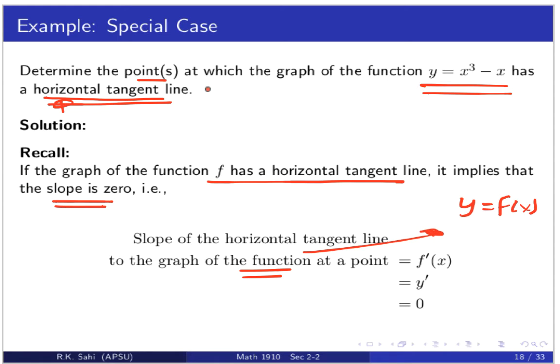So whenever you get a problem that says find the points where the graph has a horizontal tangent line, what I'm literally saying is, look at the graph, where are the points? In other words, we look at this graph and figure it out. Let me actually show you with the graph, and then I will do the math also for you.